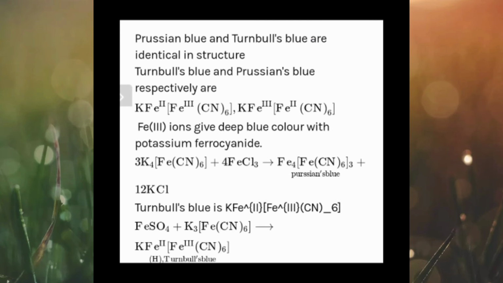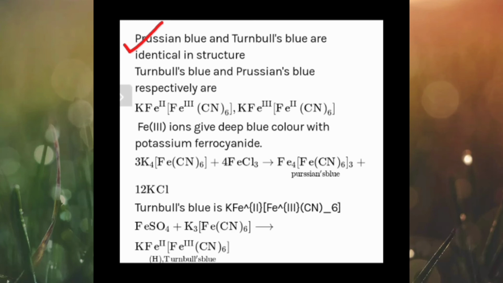That was the application for iron cyanide complexes, where we have seen the two dyes, Prussian blue and Turnbull blue. There is a difference in the coordination sphere and also in the preparation method.